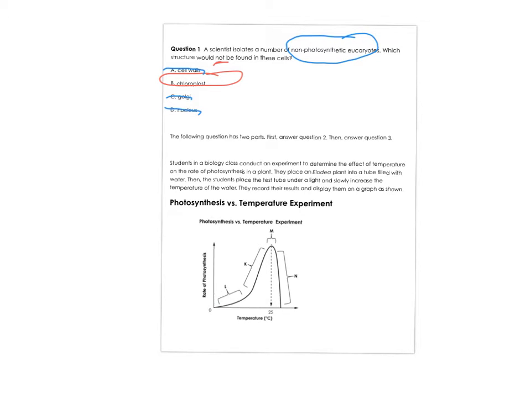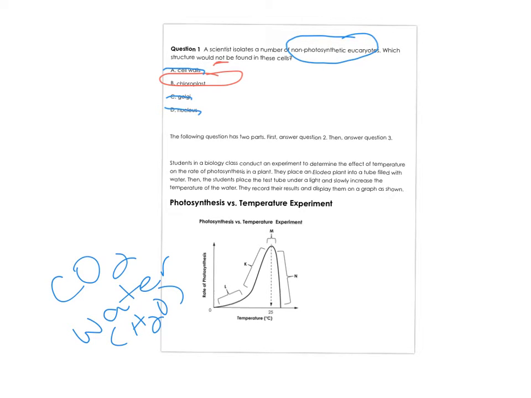So if you're looking at the rate of photosynthesis and you know that photosynthesis means you're taking CO2 and water and you're making oxygen and sugar, right? So CO2 gas is out here and water, or H2O.